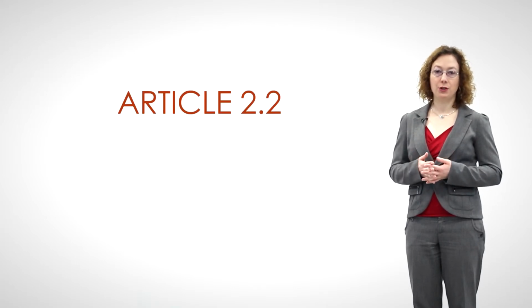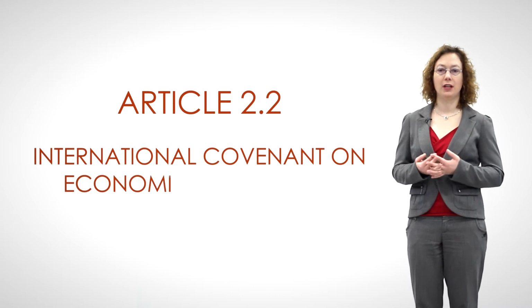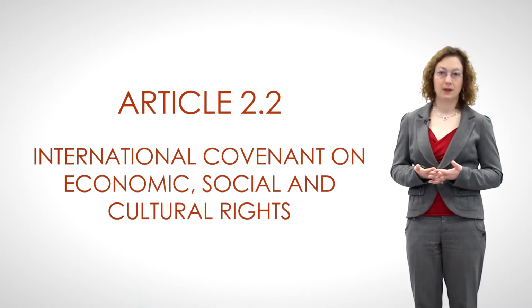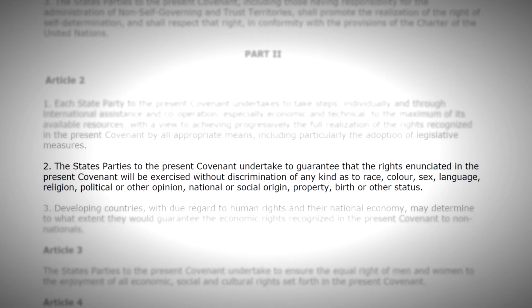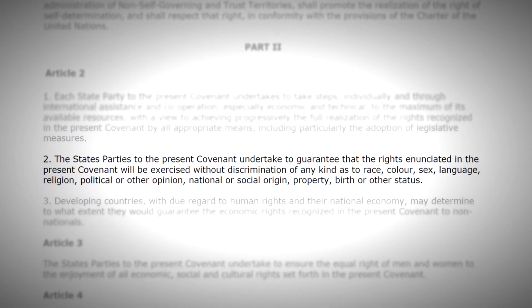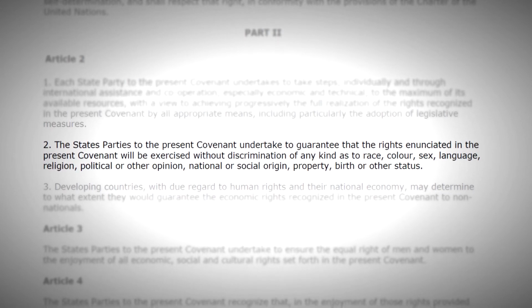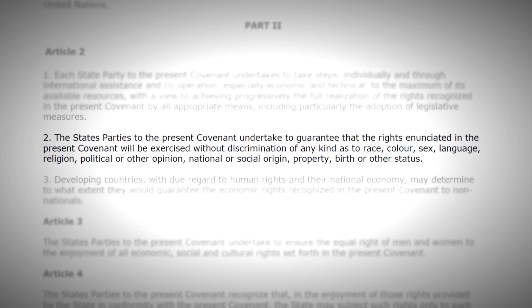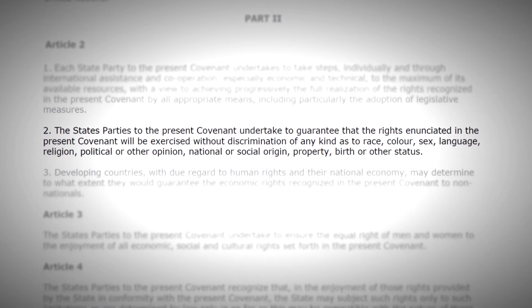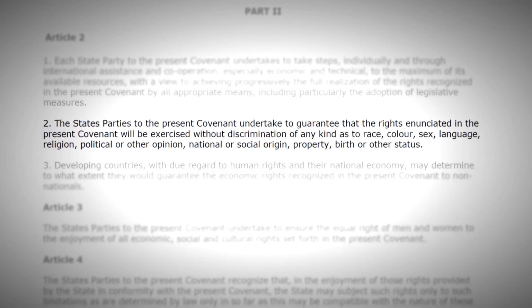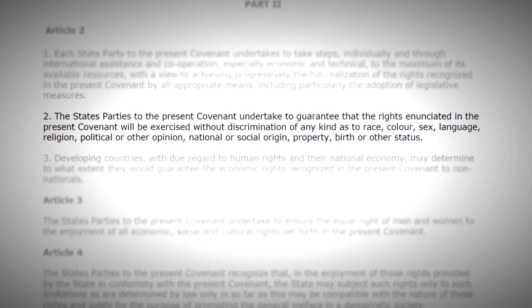All major international and regional human rights treaties contain a clause that prohibits discrimination. All read similar to Article 2.2 from the International Covenant on Economic, Social and Cultural Rights: "The states parties to the present covenant undertake to guarantee that the rights enunciated in the present covenant will be exercised without discrimination of any kind as to race, color, sex, language, religion, political or other opinion, national or social origin, property, birth, or other status."